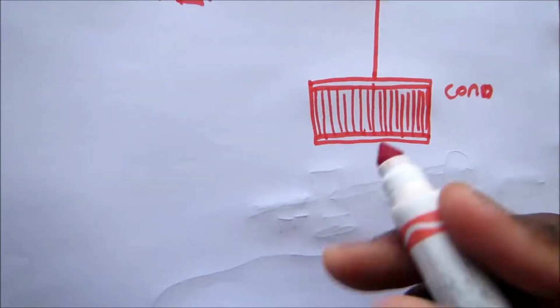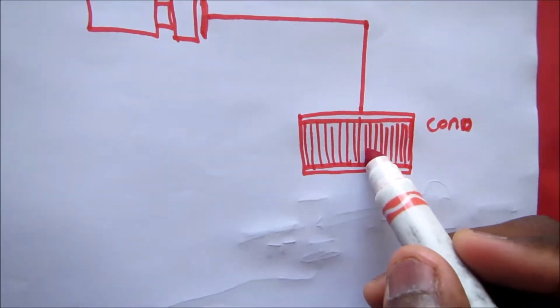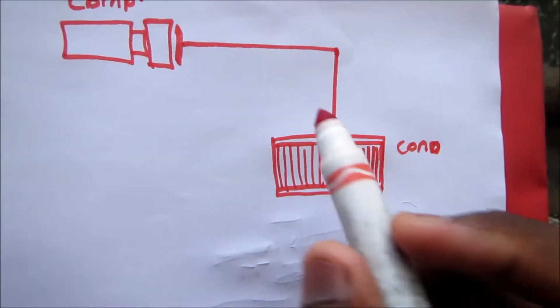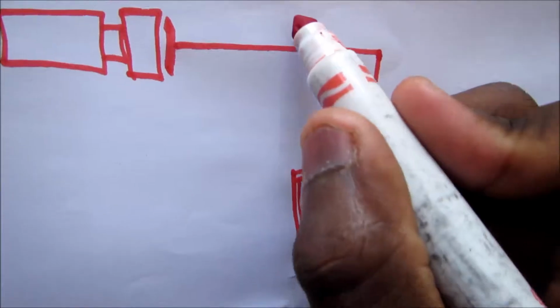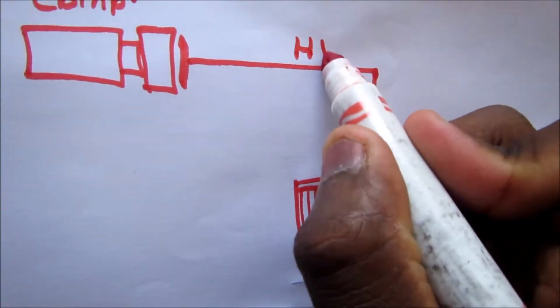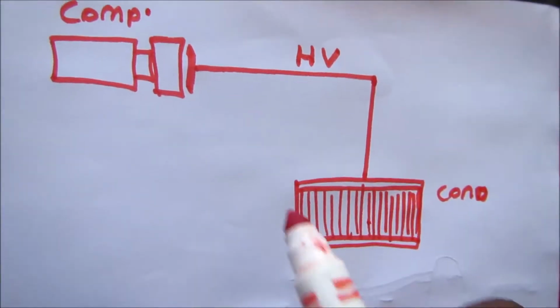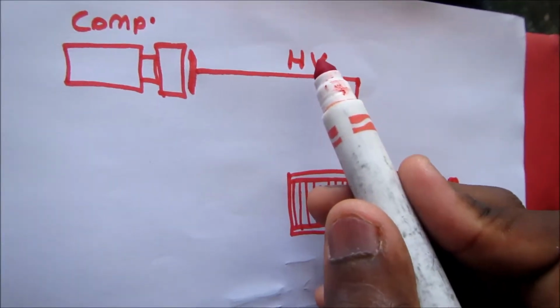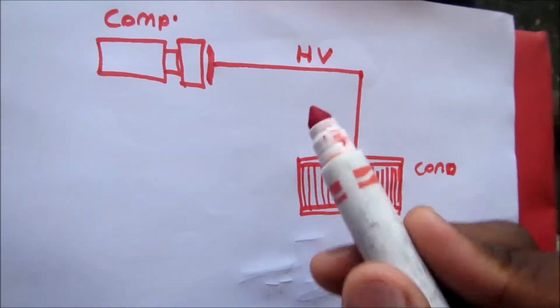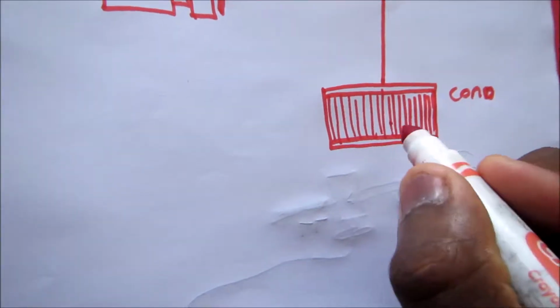The condenser is what removes the heat, basically. It removes the heat from the hot, high pressure vapor refrigerant, and whenever you remove heat from a vapor, it becomes a liquid. So that's what happens here.